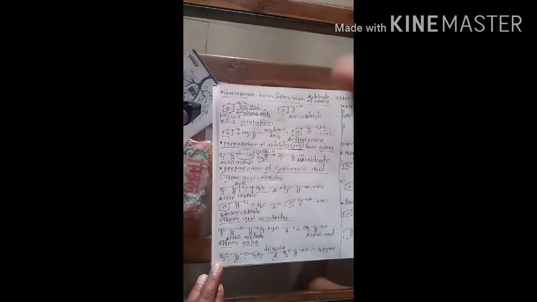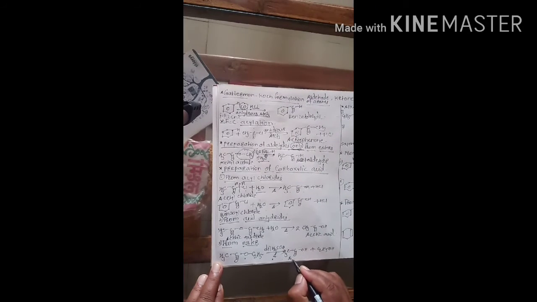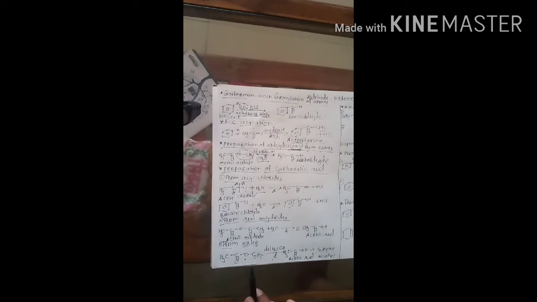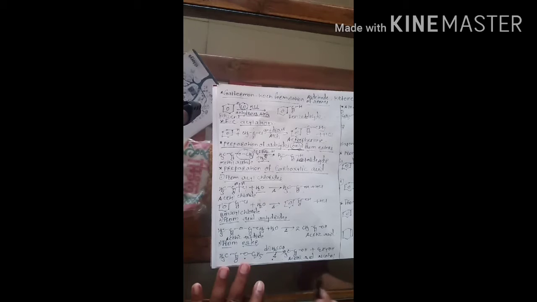That is, this gives acetic acid and alcohol as product. So remember, when any ester reacts with dilute H2SO4 or dilute acid, it gives the corresponding acid.